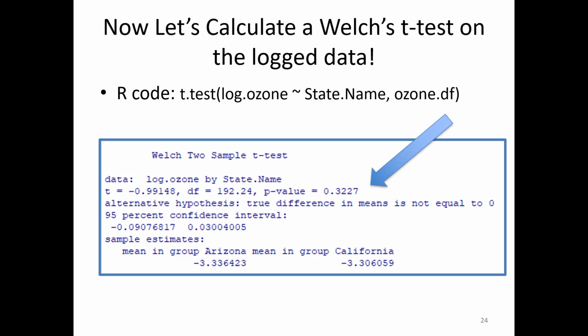It's 0.3227. Again, our alternative hypothesis is true difference in means is not equal to 0. R also kicks out the 95% confidence intervals. And the mean in group of Arizona and the mean in group of California, we should know that those are the means of the logs.